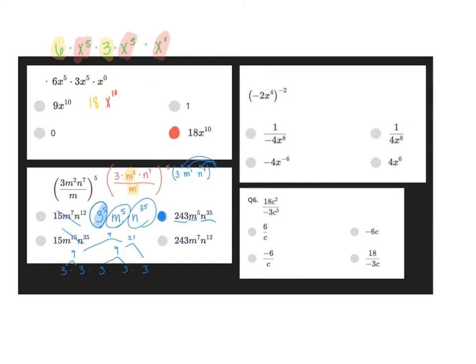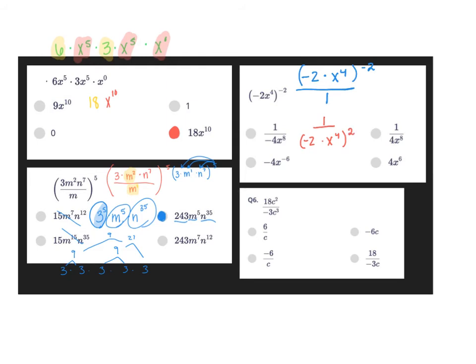Moving on to the next one. We have negative 2 times x to the 4th, to the negative 2nd power. How can I get rid of this negative exponent? Well, this is a fraction. I can flip it upside down. So this becomes 1 over negative 2 times x to the 4th, to the positive 2.